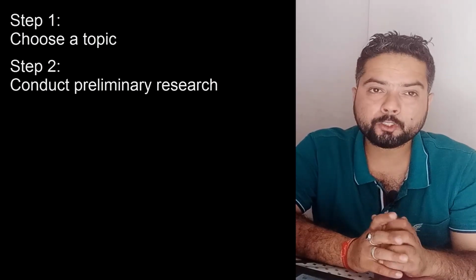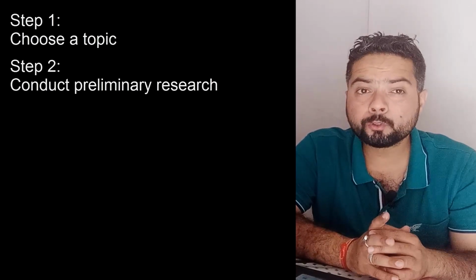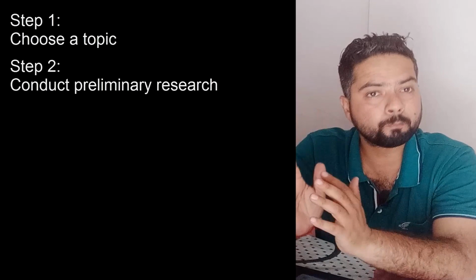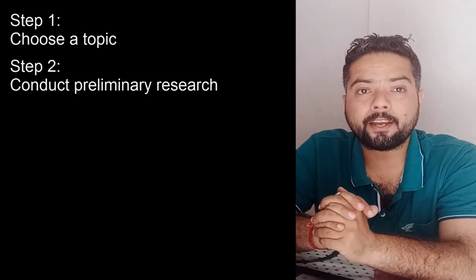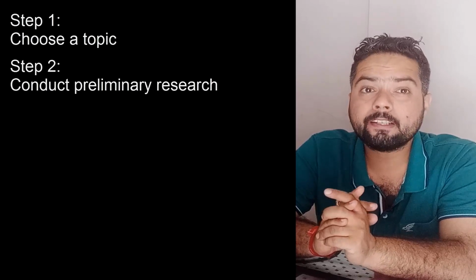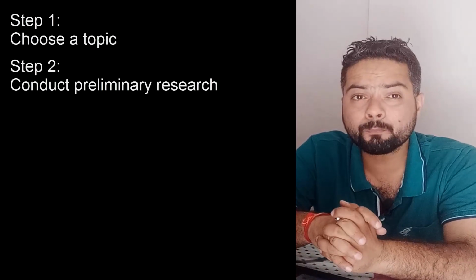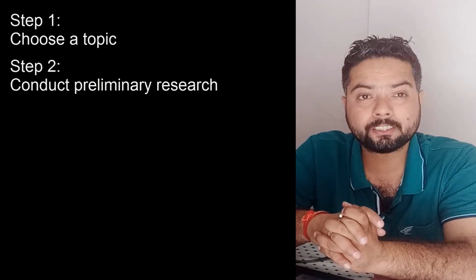Second, while you are reading various research papers, you need to make sure that at the same time you are trying to identify various research gaps or limitations, because these things will then help you to frame your research questions.